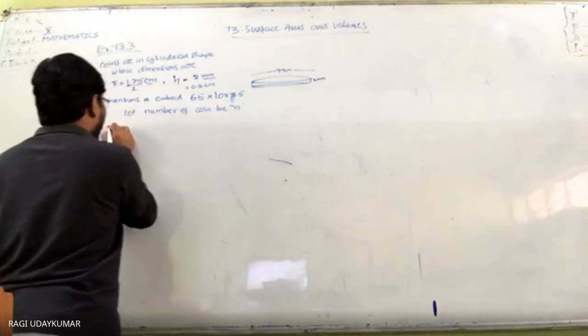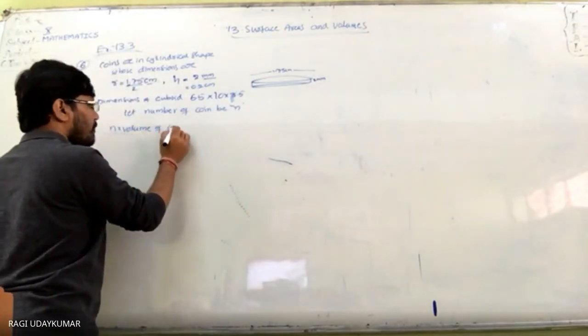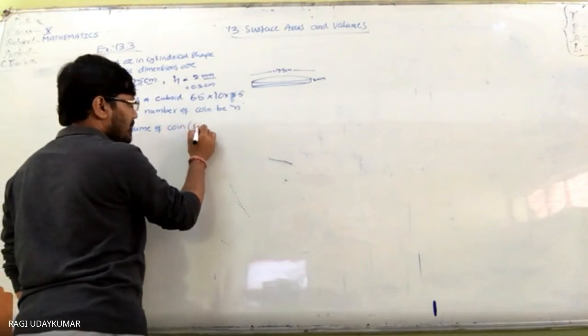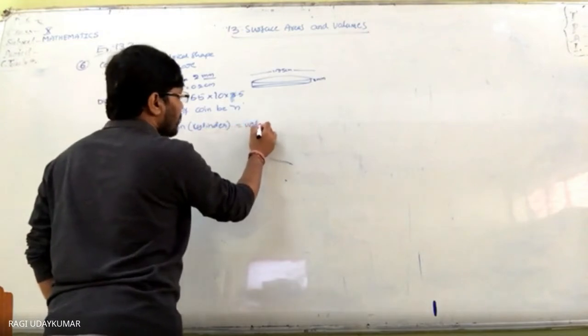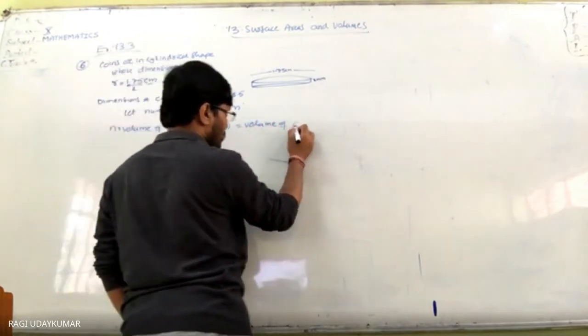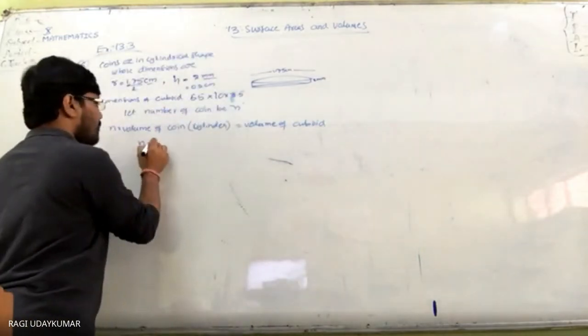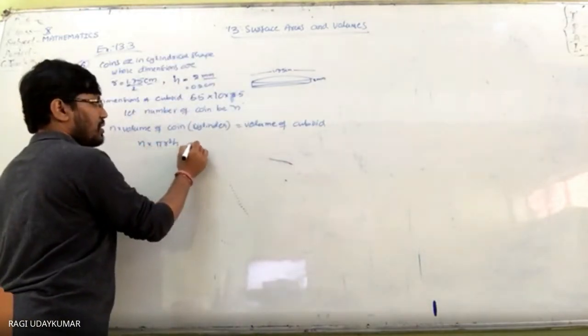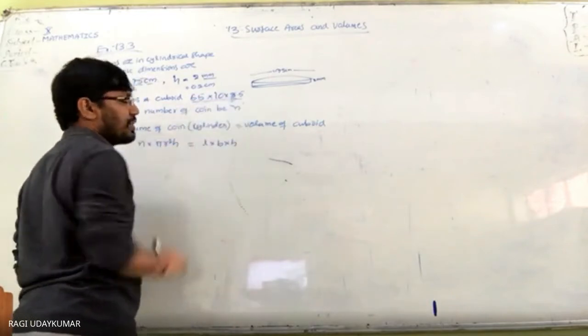Therefore, n into the volume of a coin, that is the cylinder, is equal to the volume of the cuboid. So n into pi r square h is equal to l into b into h.